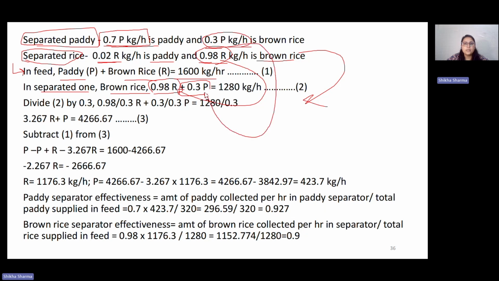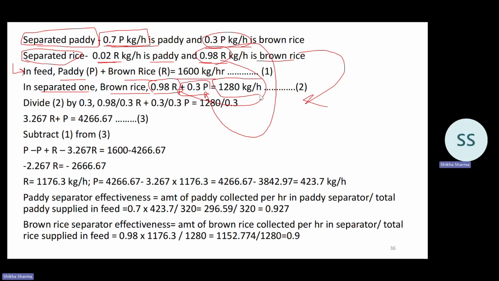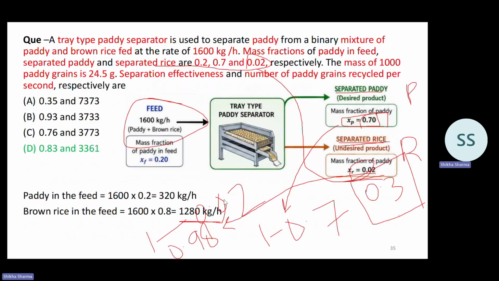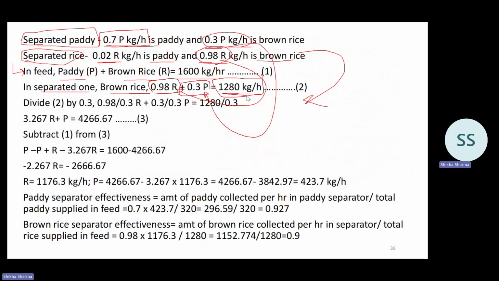So 0.3 P equals the total brown rice, which we calculated in the feed as 1280 kg per hour.